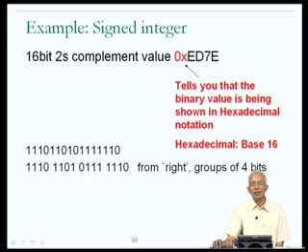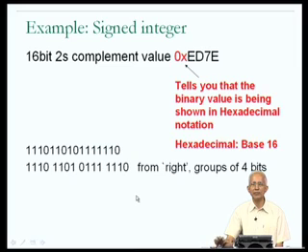But if I was to group these bits into groups of 4 starting from the right side, bearing in mind that 2 to the power of 4 is equal to 16, consider the bits in the rightmost group. There are 4 bits there. In this particular example, those 4 bits have the value 1, 1, 1, 0.